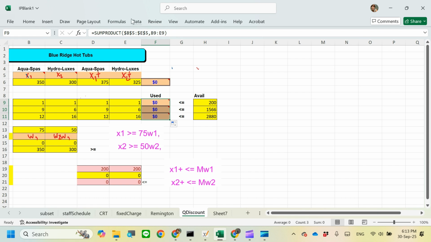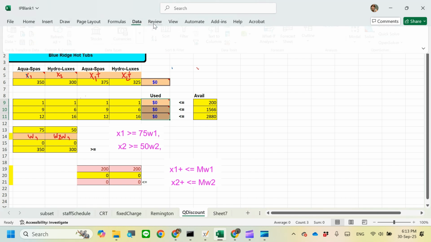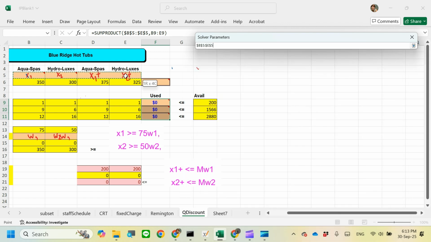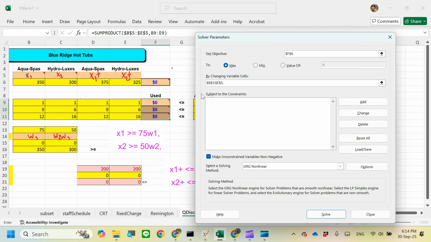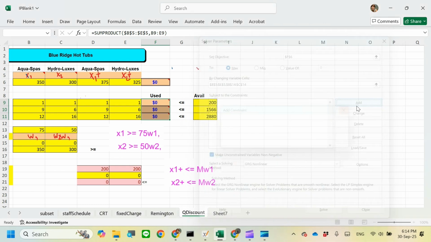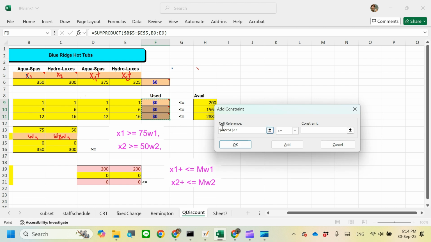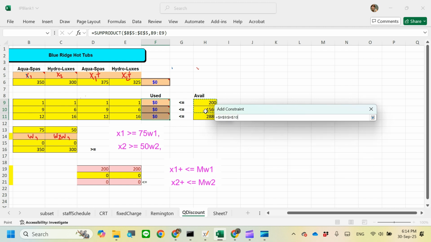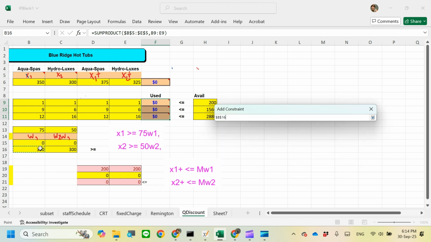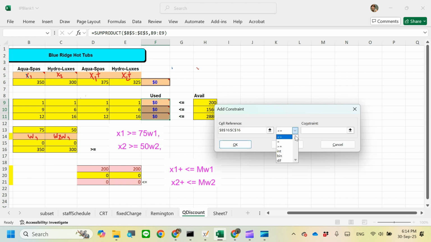And then I'll call up the Solver. So I want to maximize total profit. The changing variable cells are these X's, and also W1, W2, and the constraint is that this is less than or equal to the right-hand side, and all of these are greater than or equal to 0.